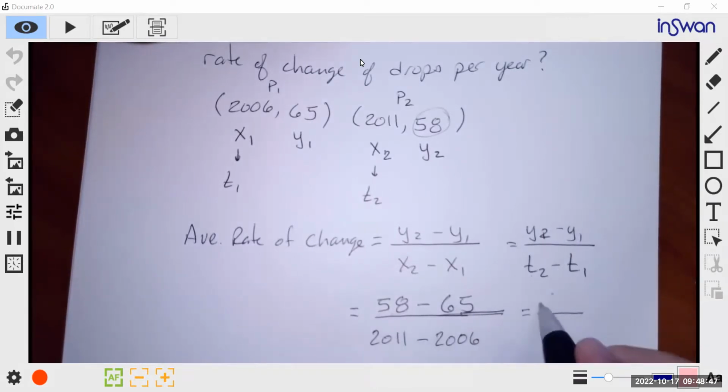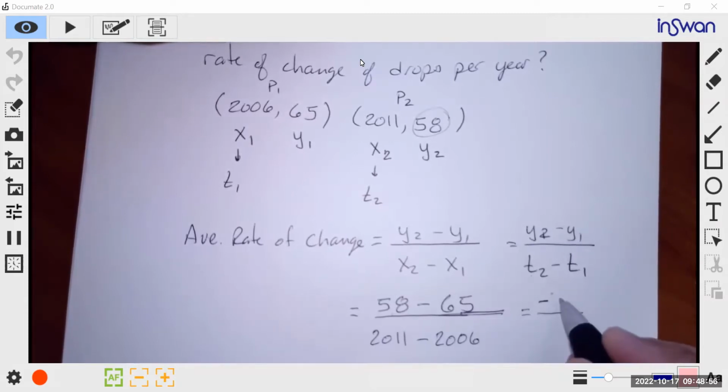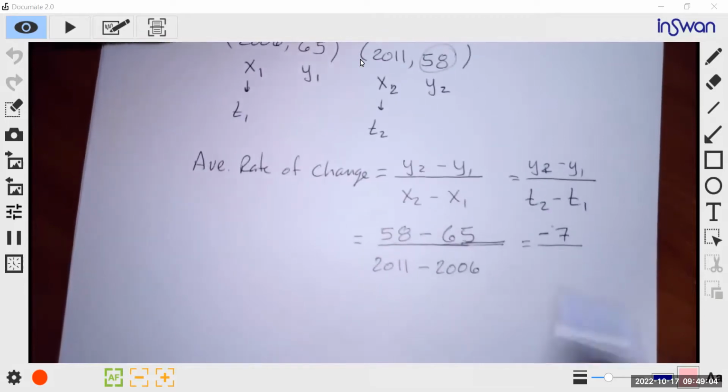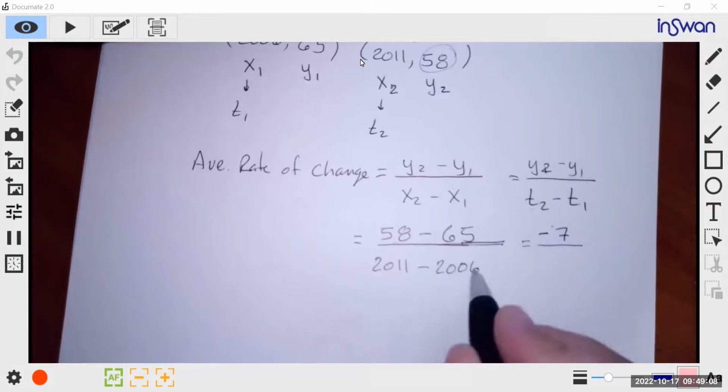So 58 minus 65. It's going to be negative. So 65 minus 58 is 7, so -7. And 2011 minus 2006, 11 minus 6 is 5.